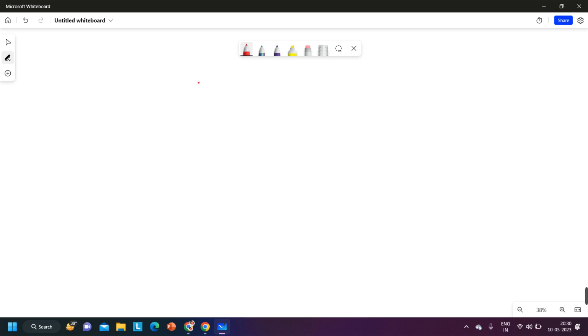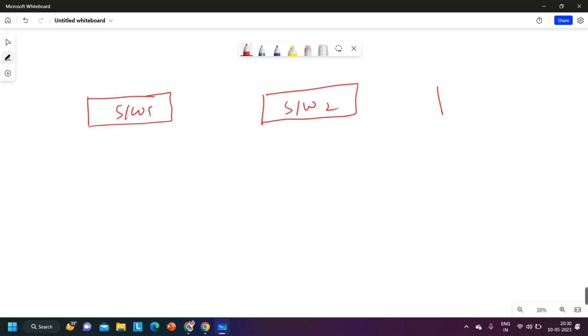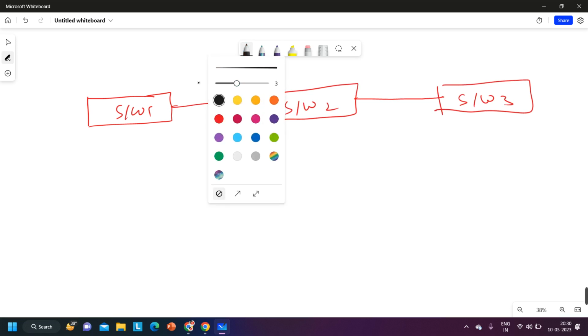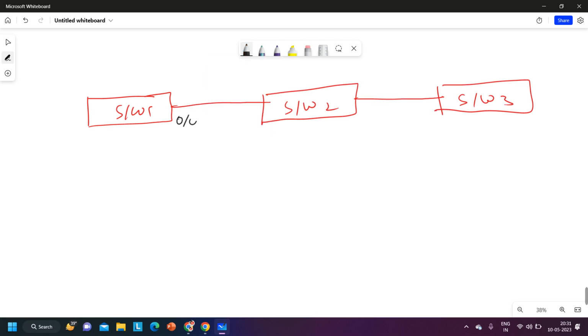Now suppose I have some switches over here. This is my switch 1, switch 2, and switch 3. Suppose this is 0/0, this is 0/1, this is 0/0, and this is also 0/0. Right?